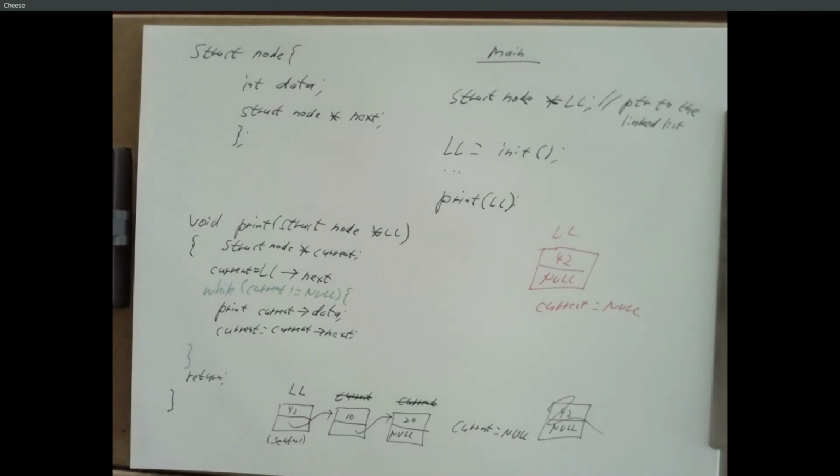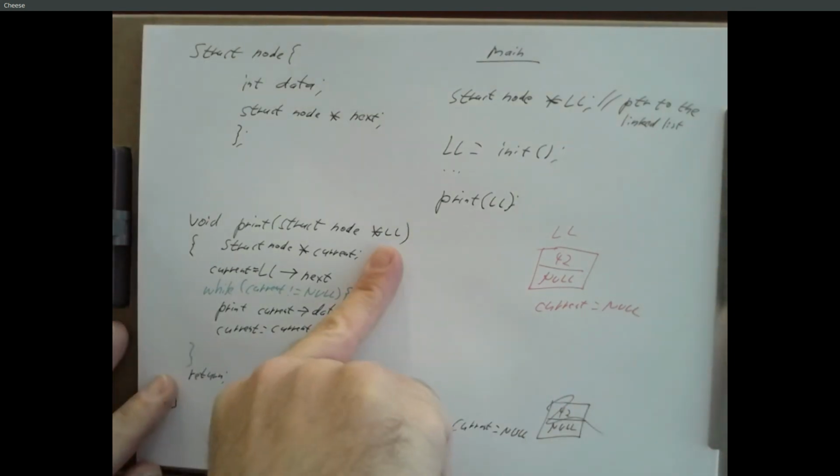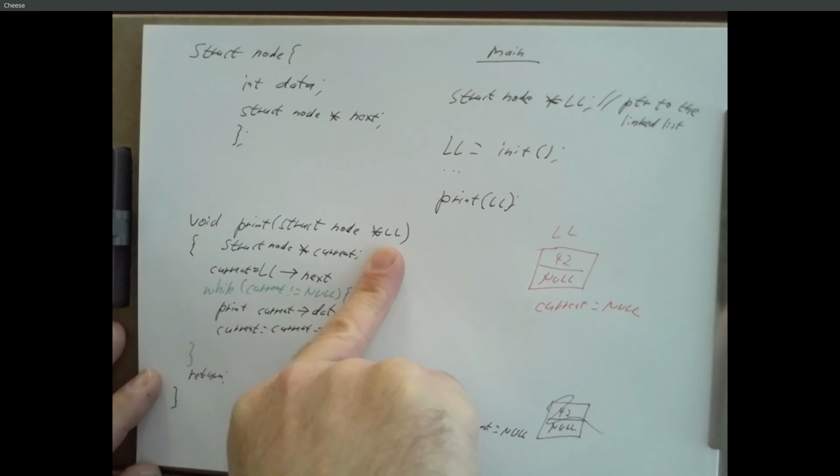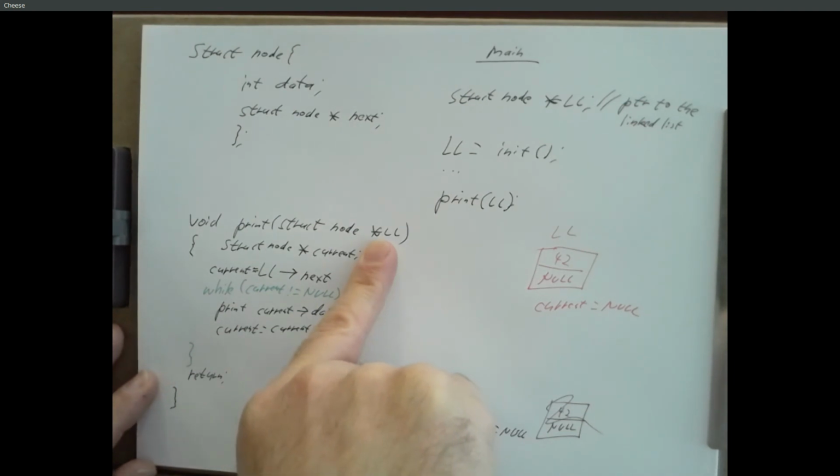But if you're getting errors, go into GDB. So write your code, set a breakpoint at print, run it, do your print command. When it gets to print, it'll come back and say, okay, what do you want to do? And start stepping it or nexting it. And print out the value of LL. Examine memory at that location, make sure it's your sentinel node.